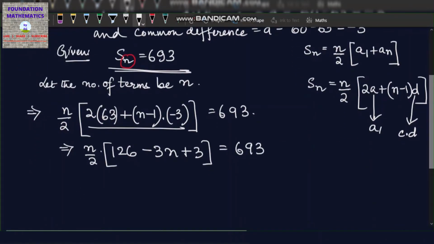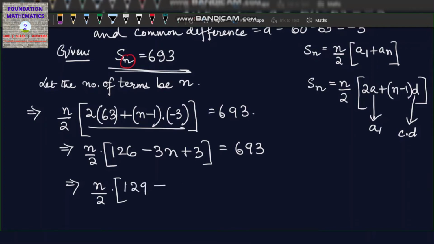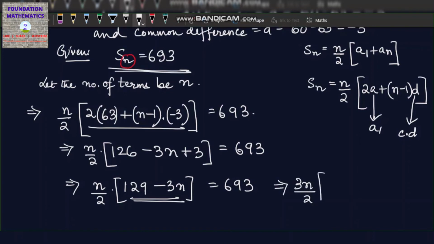Now simplifying further, we have n by 2, 126 plus 3 gives us 129, minus 3n is equal to 693. You see, we can factorize this, we can take 3 common. So what are we left with? We have 3n by 2, this is (43 minus n) is equal to 693.